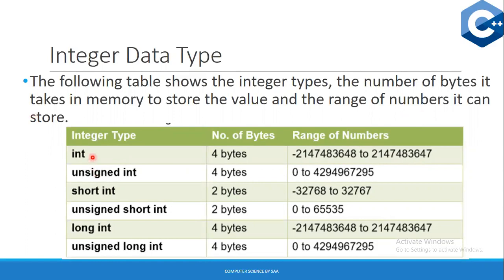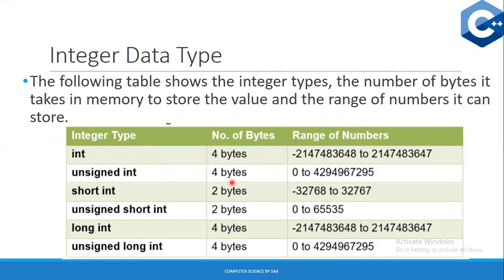Integer can be of different types like unsigned int, short int, unsigned short int, long int, and unsigned long int. Each of these types of integer data type can store different sizes in the memory. A simple integer data type takes 4 bytes in memory.